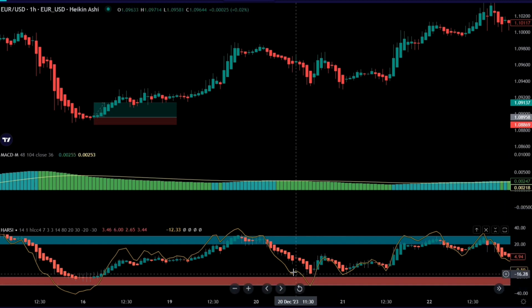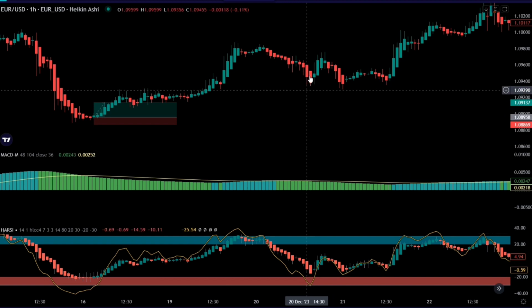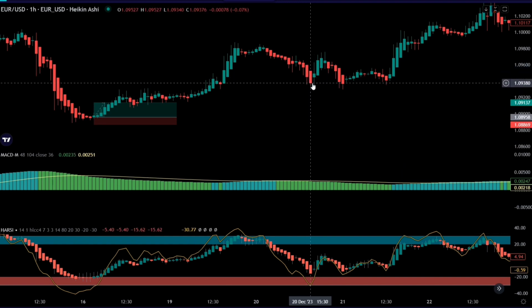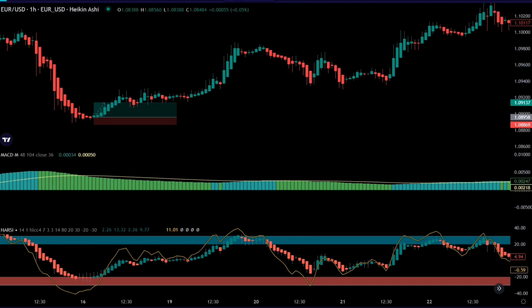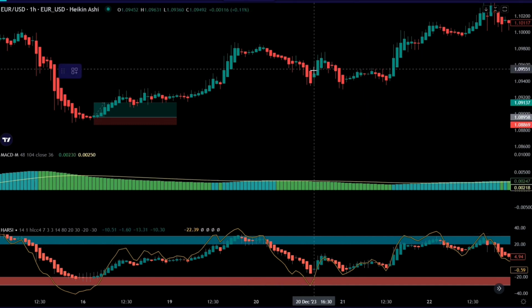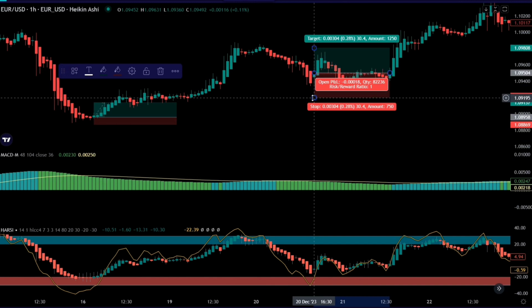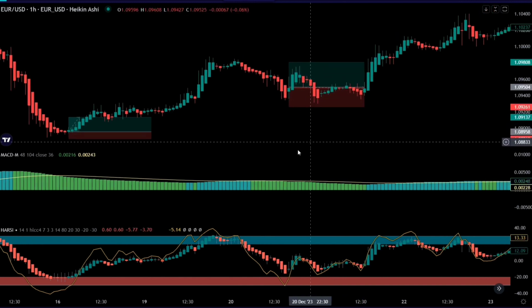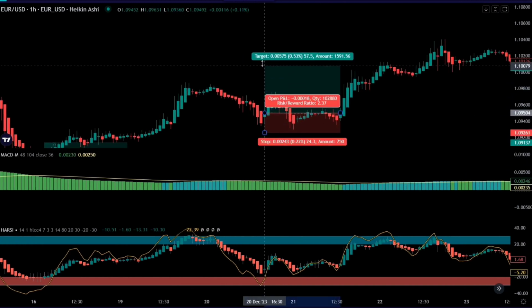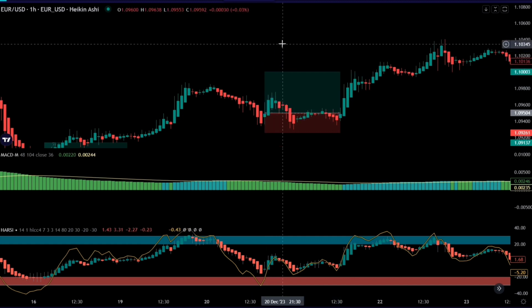And here the RSI touched the red line, and Heikin-Ashi changed to green, and in this candle Heikin-Ashi changed to green. So we start the long position here, and stop loss under the swing, and risk reward ratio 2.